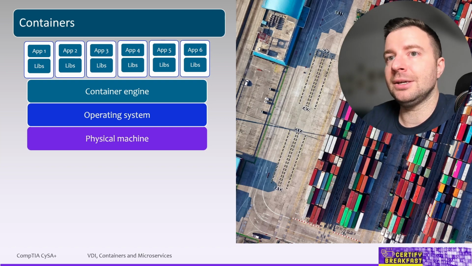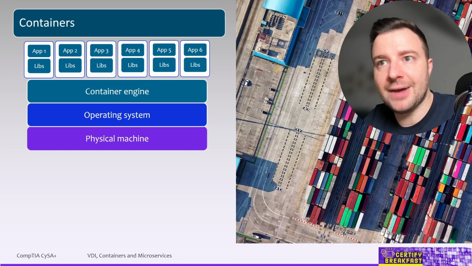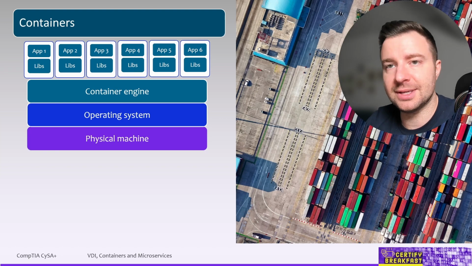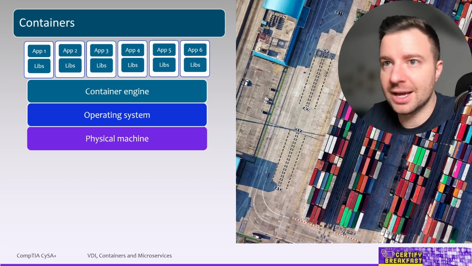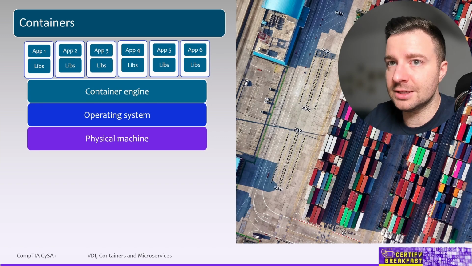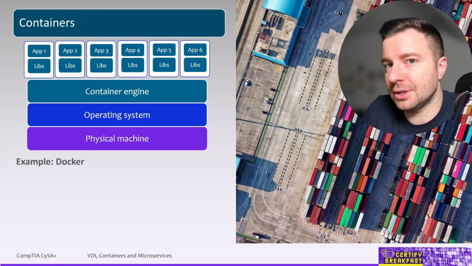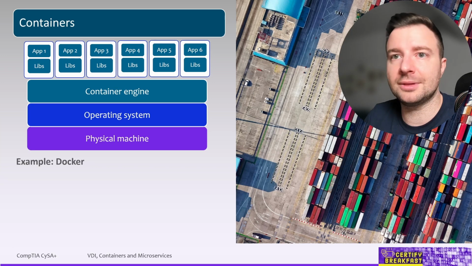Now, having the operating system overhead removed, containers can be extremely fast. Actually, a new container can be created in just a few milliseconds, adding some time for the application that runs inside of that container to start as well, and just as easily destroyed or recreated. And of course, the most popular technology out there is Docker right now, but it's definitely not the only one.